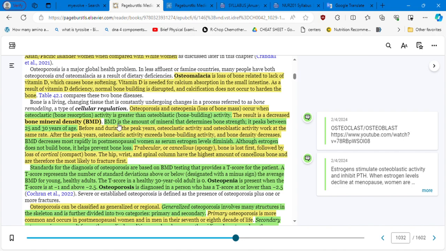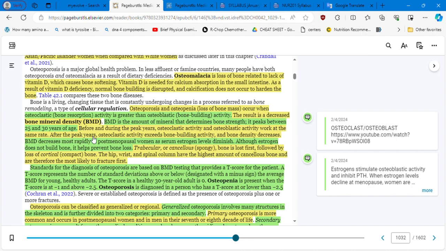BMD, from now on, bone mineral density, is the amount of mineral that determines bone strength. It peaks between 25 and 30 years of age. Before and during those peak years, osteoclastic activity and osteoblastic activity work at the same rate, so there is destruction and production of bone cells.